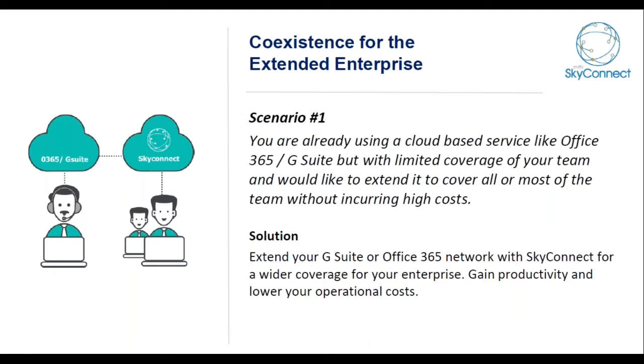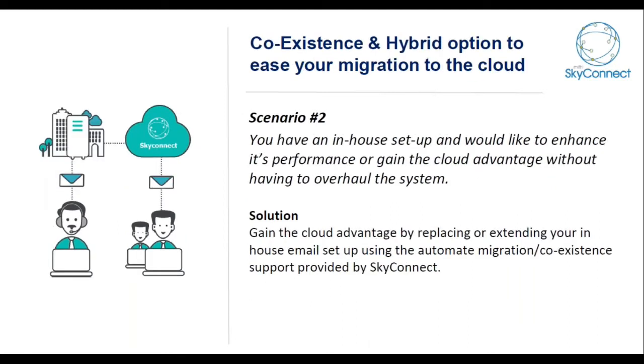The other is that if you have an on-premise email solution, we can again coexist with SkyConnect, which is on cloud. So you would have a hybrid solution, and then slowly you could migrate your entire solution to the cloud.